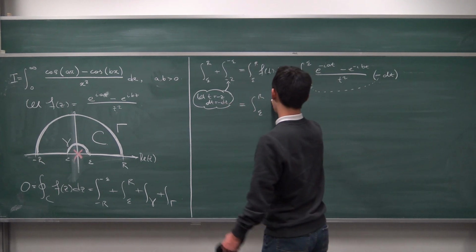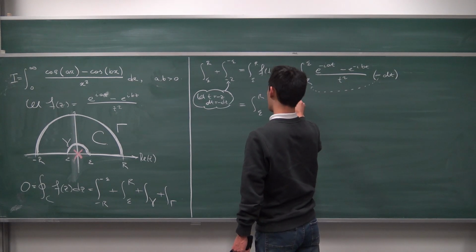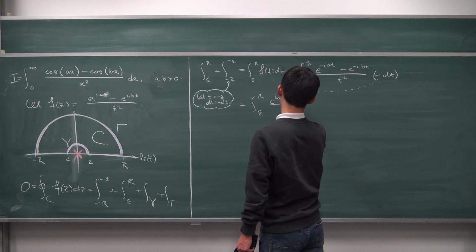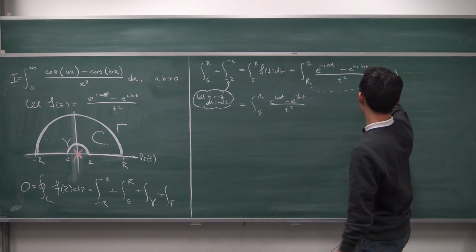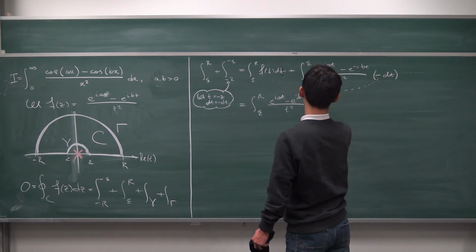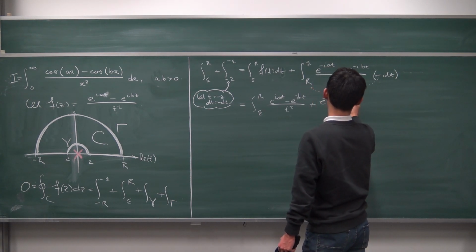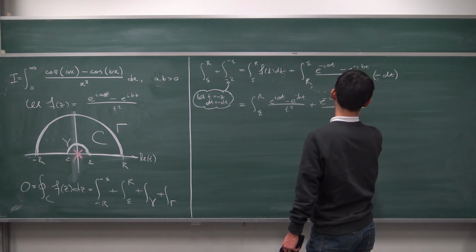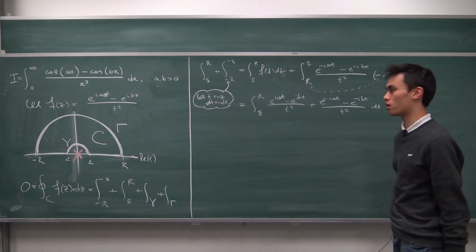That's going to be e to the I times a times t minus e to the I times b times t over t squared. Okay, so that's the f of t there. And because we used this negative to switch the bounds, we can just add this integrand in as well. So we have plus e to the minus I a t, and then minus e to the minus I b t, all divided by t squared, and then we have a dt. No negative here because we distributed it in.